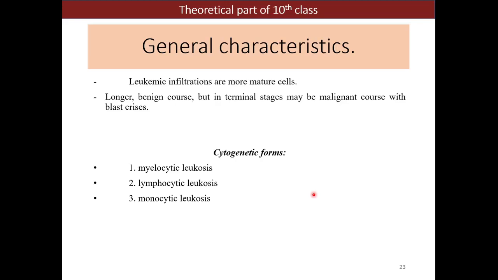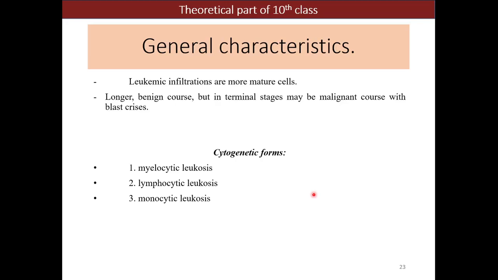General characteristics: leukemic infiltrates consist of more mature cells, with a longer benign course, but in the terminal stage there may be a malignant course with blast crises. So at the end of chronic leukemia, we may see some blast manifestation in the peripheral blood.